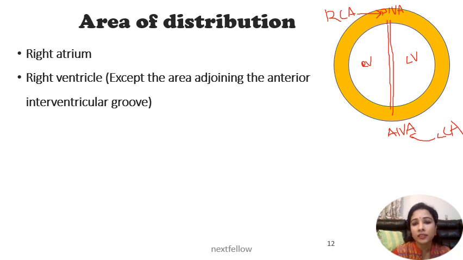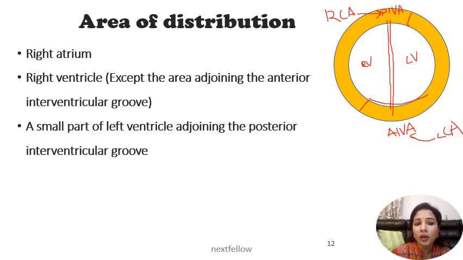So it supplies the right ventricle except this area, which is supplied by the left coronary artery. It also supplies a small part of the left ventricle adjoining the posterior interventricular groove, where the posterior interventricular artery is present; this part till here is supplied by the right coronary artery.